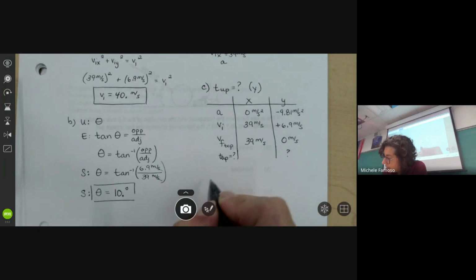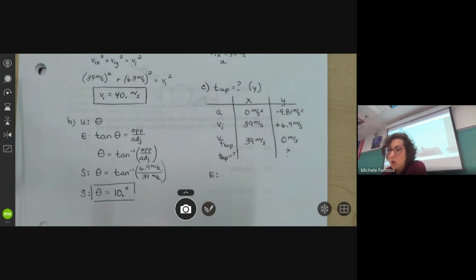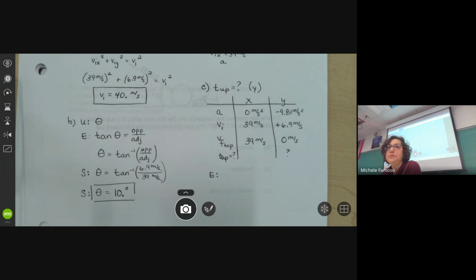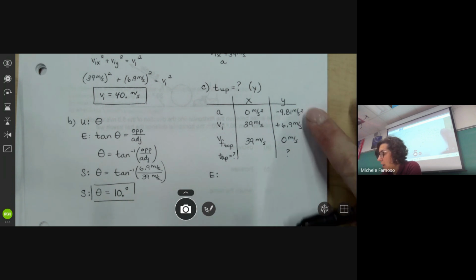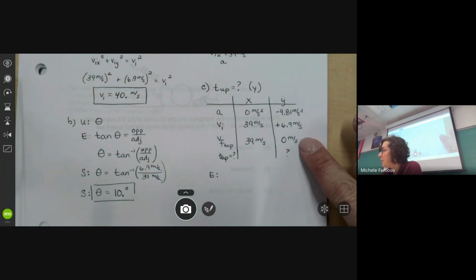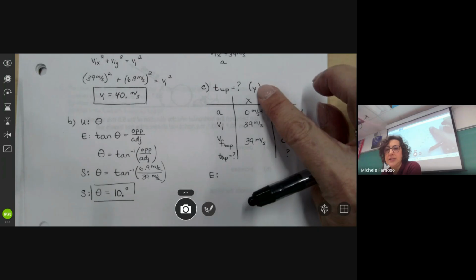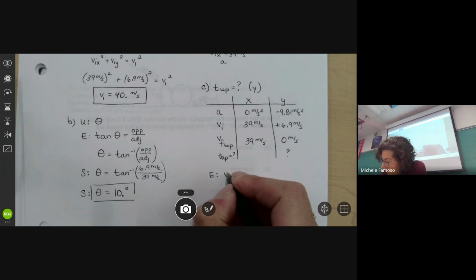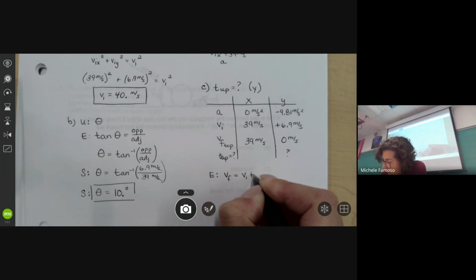All right, let's see if we can come up with an equation to use to help us get that time when we know the A, the VI, and the VF. We are looking for the T. Lon? That's right.